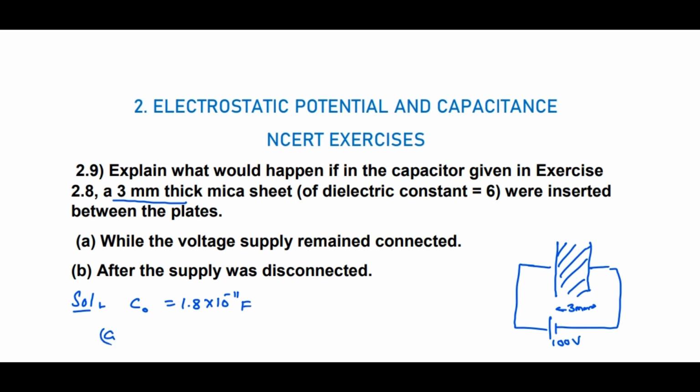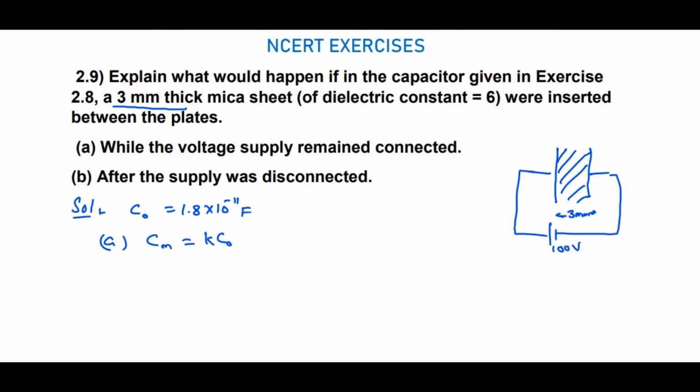In this case, definitely the capacitance in the case of medium is equal to K times C0. In one of the videos, we have discussed when the battery remains connected and when the battery was disconnected and a dielectric slab is introduced, how these factors vary. We did one video based on this.